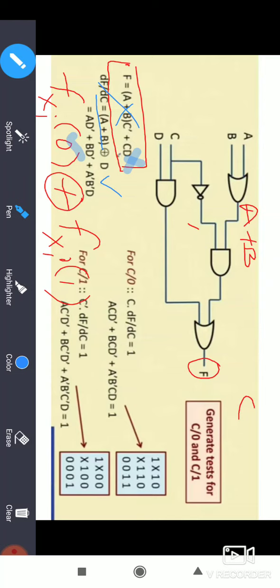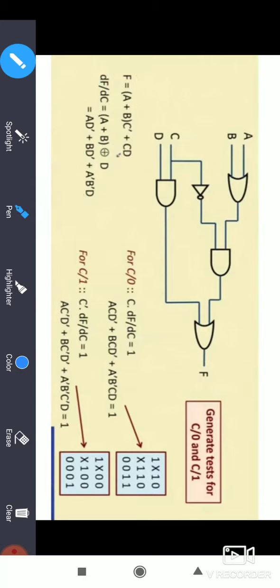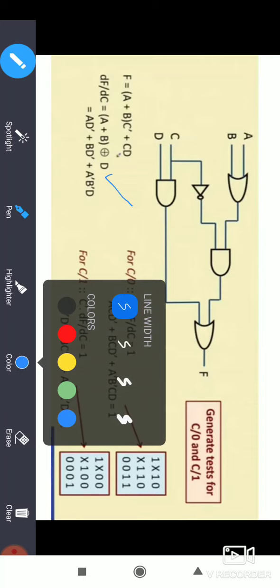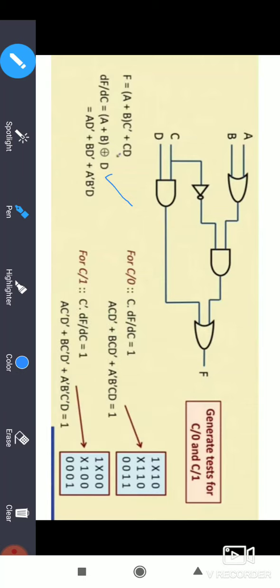Are you understanding? Then we have the function df by dc using the 0 and 1 exclusive or. Then when we expand this using exclusive or, a xor b formula, we write a b bar plus a bar b.